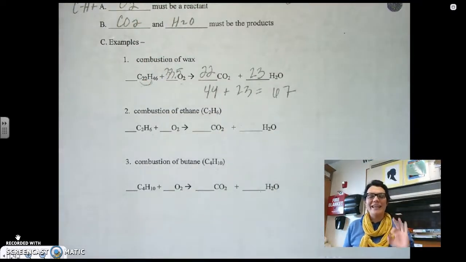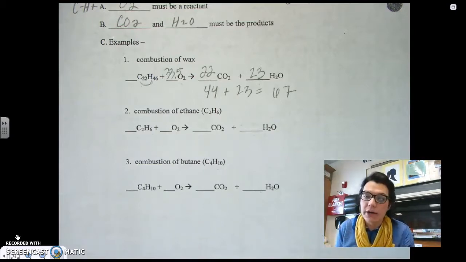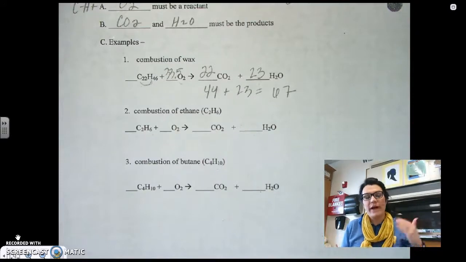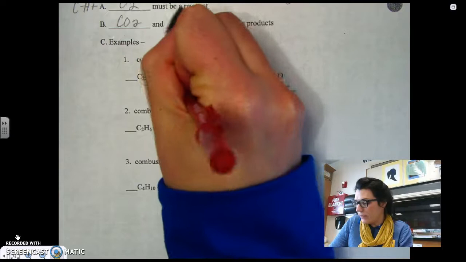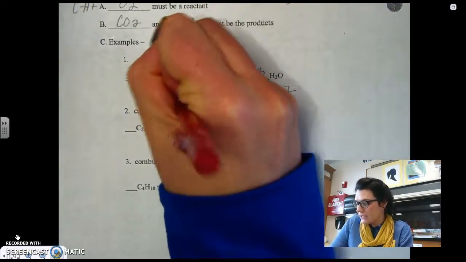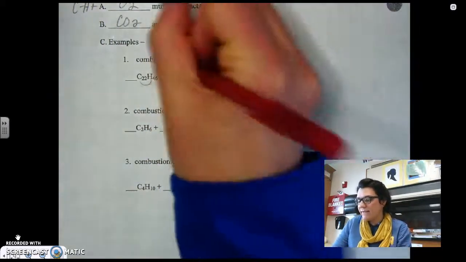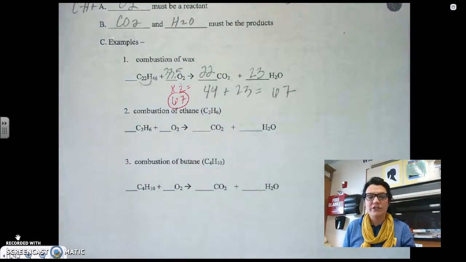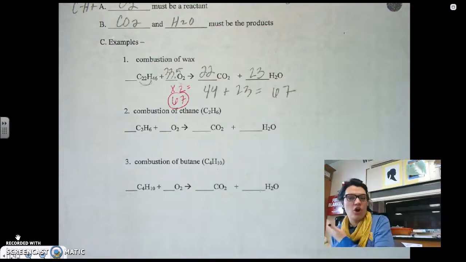Now, we cannot have a decimal coefficient. In order to make 0.5 a whole number, you must remember that 0.5 is just 1/2. So we can just multiply 33.5 by 2 to get 67. So 67 is going to be the coefficient for oxygen. However, whatever I do to one coefficient, I have to do to all of them.